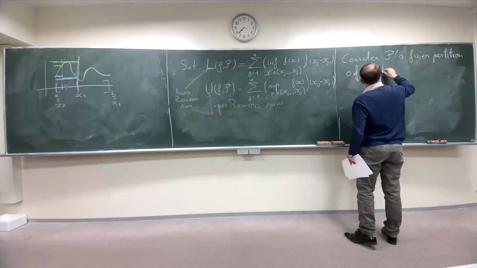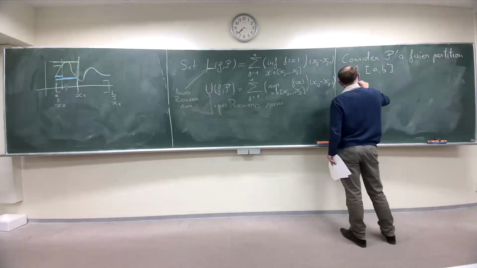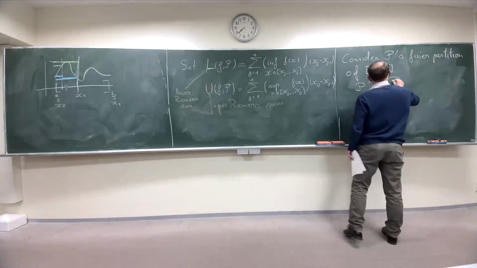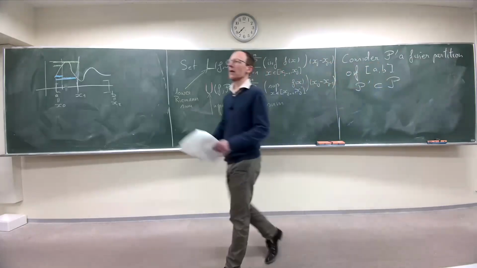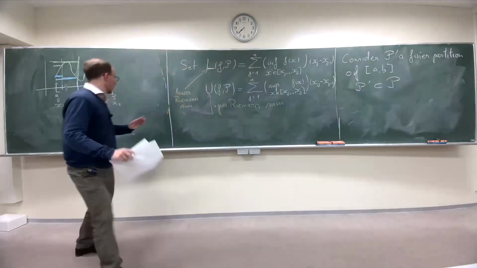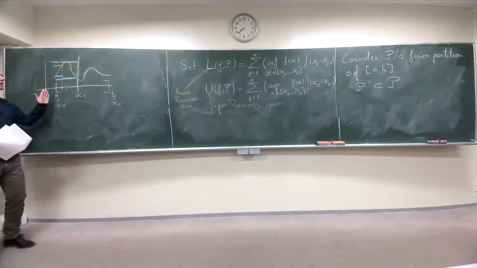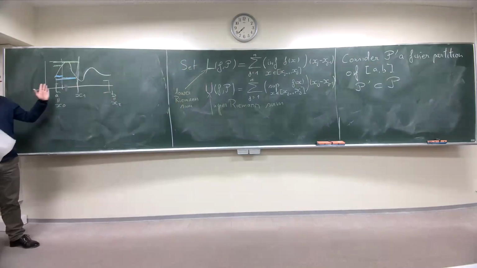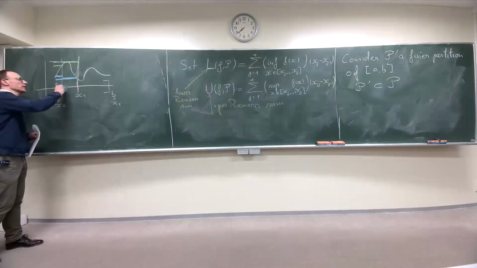And so I have to say what it means. And it's quite simple. P prime is included in P. Remember, these are collections of points. I'm just saying P prime contains more points. But it also contains the points of P. It simply contains additional points in between.